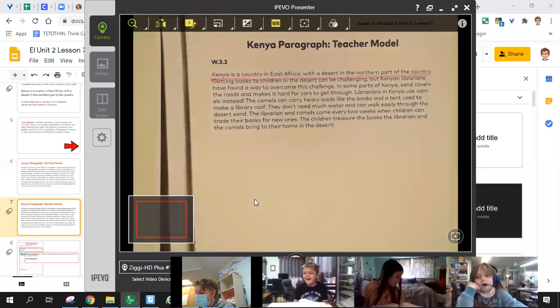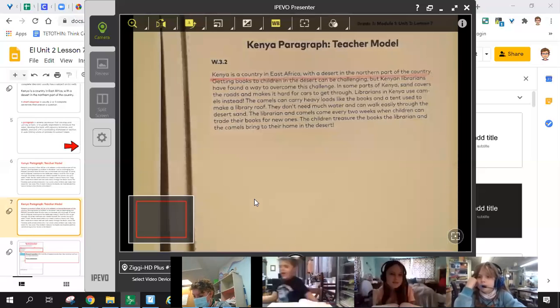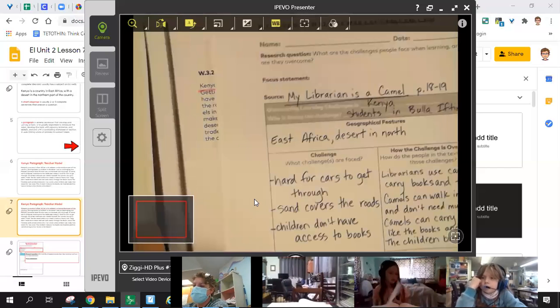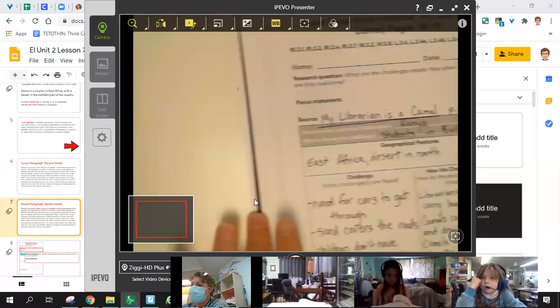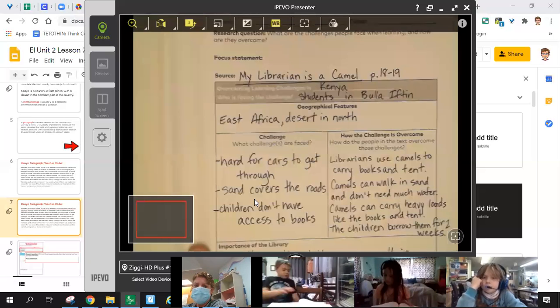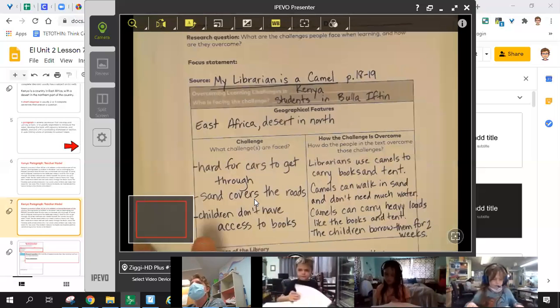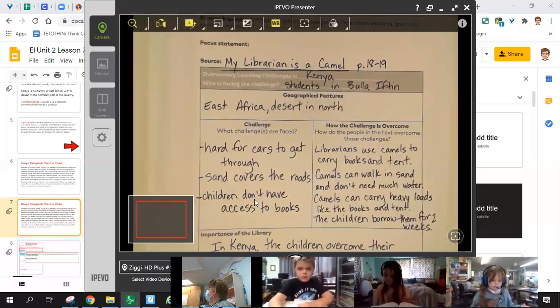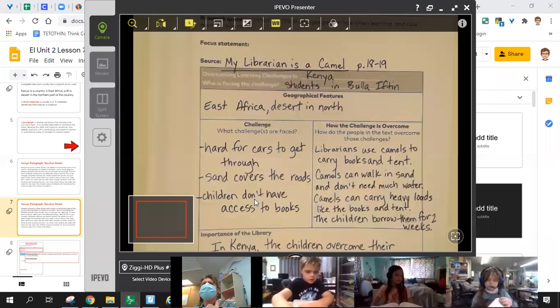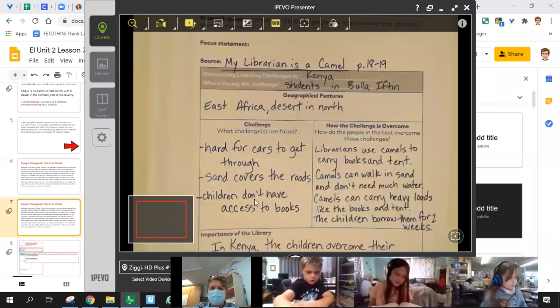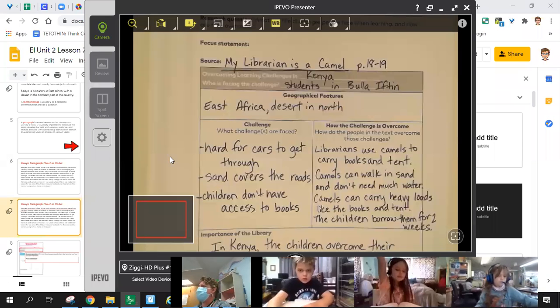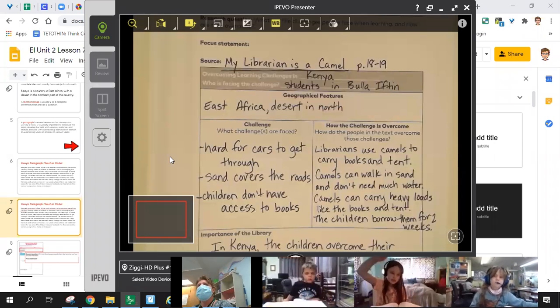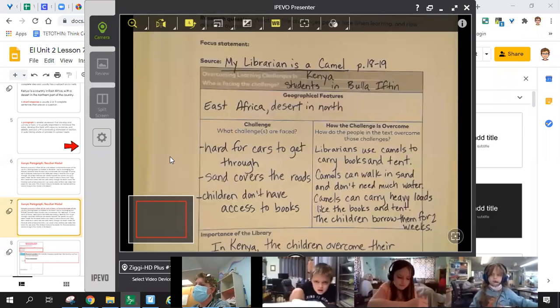Now, what I'd like you to do, you're going to have to do some flipping back and forth here, my friends. Can you turn back to page 38 for a minute? Turn back to page 38. Should look a lot like this. Okay, where on this does it say something about East Africa and desert in the north? Where is that on our page? Abby? The very top.